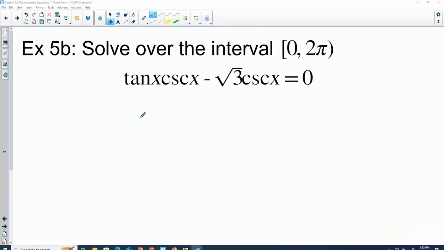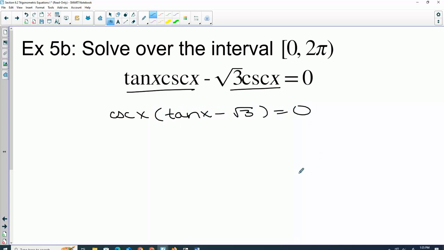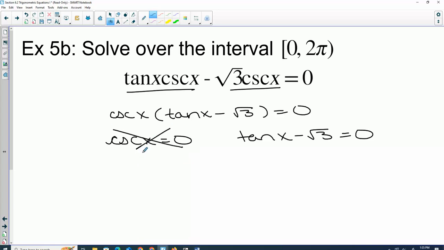See if we get it. Two terms, they both have cosecant. So if you set those equal to 0, cosecant is the reciprocal of sine. Does it ever equal 0? No. This one tells me tangent is the square root of 3.